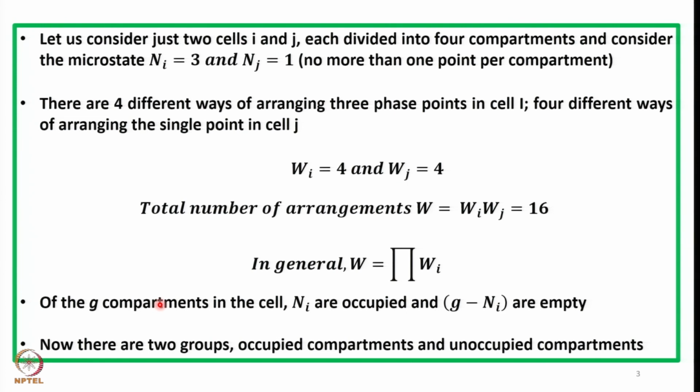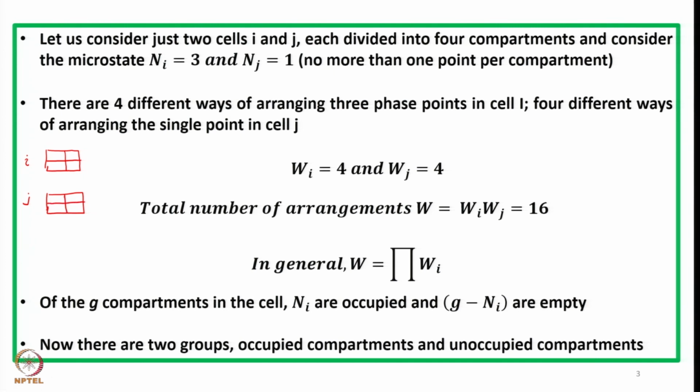The way I will represent it is: cell I, and then cell J, again with 4 compartments.